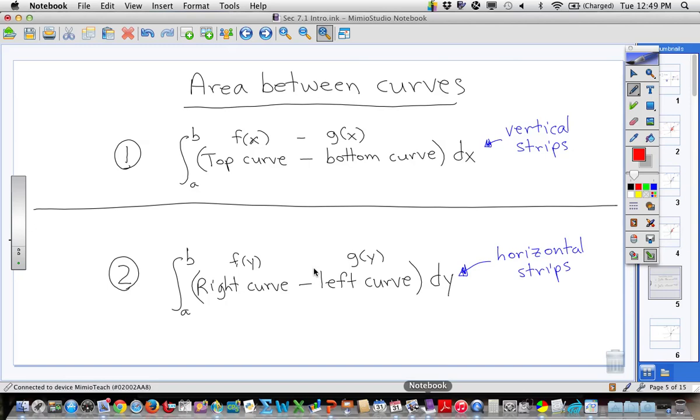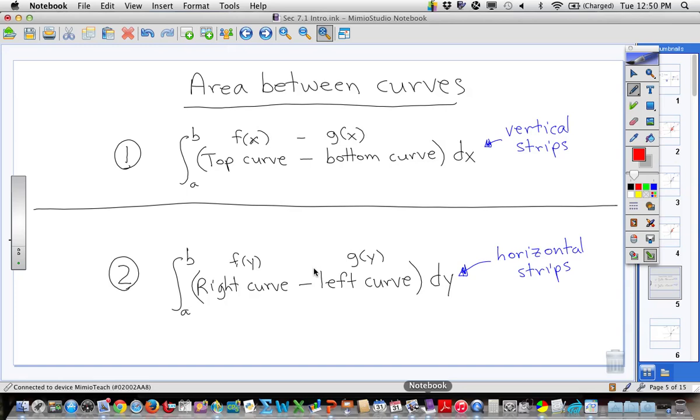All right. So this you might put in your notes, this first one up here. To do the area between two curves, it's essentially the integral where we do the top curve minus the bottom curve. When I say the top curve minus the bottom curve, what I mean is the top y value minus the bottom y value. But the y value is the function.